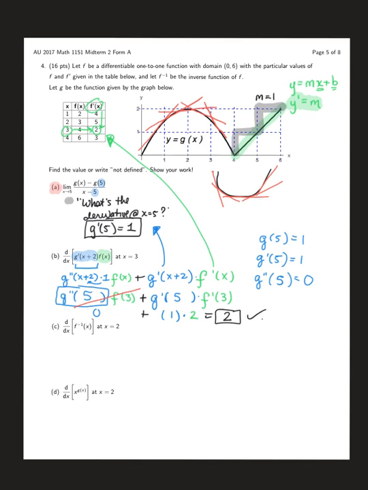So for the next part, part C, we're being asked to find the derivative of the inverse at 2. One important rule we need to know is that when we want the derivative of the inverse, or f inverse of x prime, that's the same as 1 over f prime of f inverse of x.